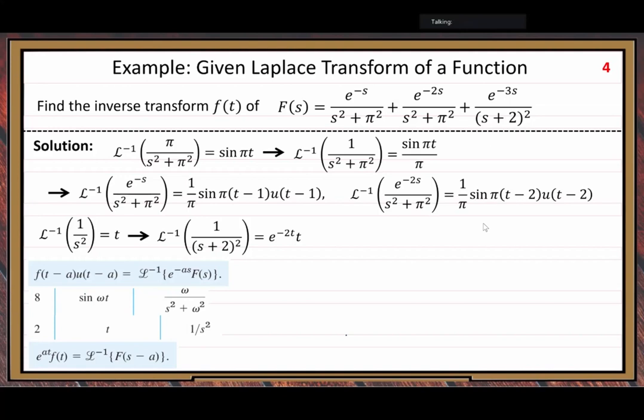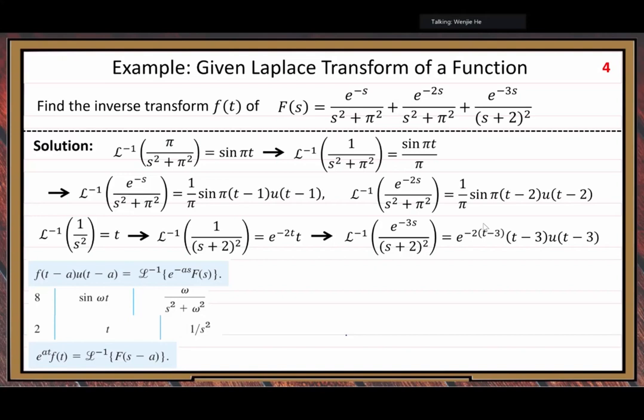All right. But that is the numerator 1. Then for the numerator e to the negative 3s, you need to apply the second shifting theorem another time, similar to the first two fractions. This is the F function.